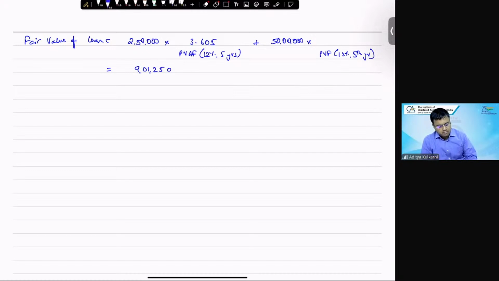But if nothing is given, you can stick to 3 decimals. That's fine. And at the end, this is 0.567. So how much will this be? 50 lakhs into 0.567, 28 lakhs 37,134. There is a difference of 1-2 thousand, that's due to rounding off. You would have taken the whole decimals. I'm okay with that gap.